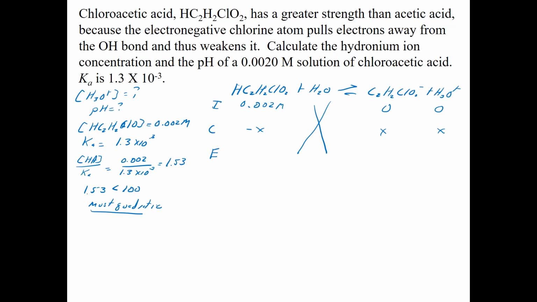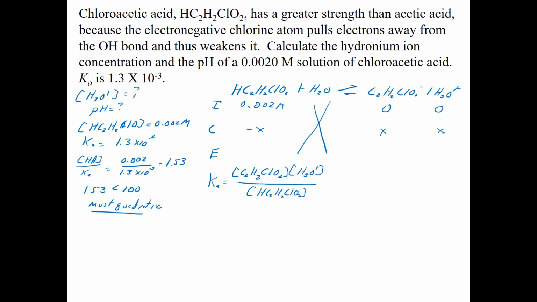So I write my Ka expression. Ka is C2H2ClO2 minus times hydronium over HC2H2ClO2.